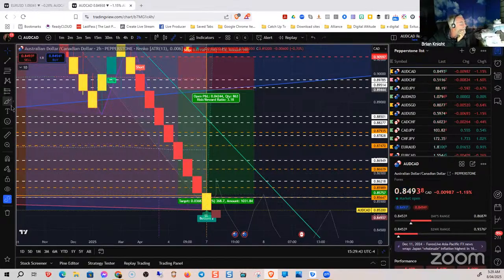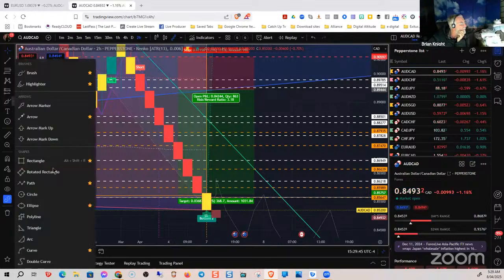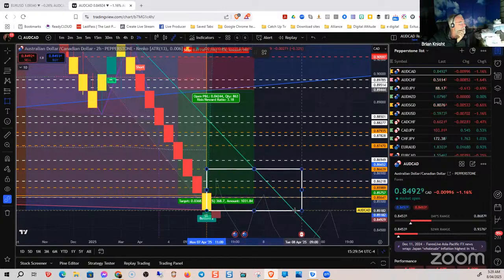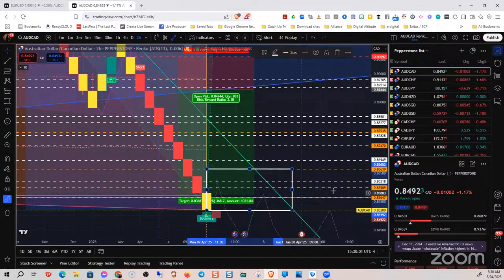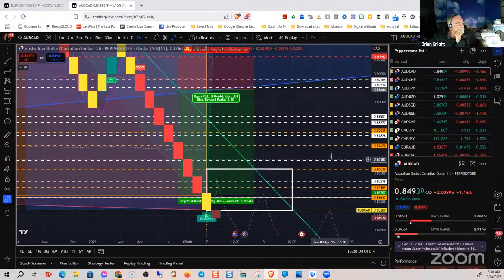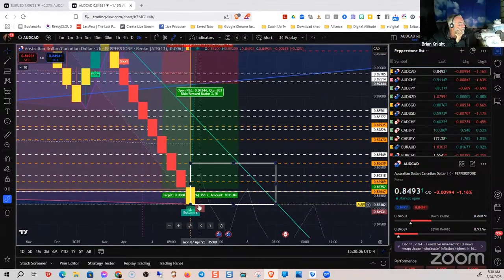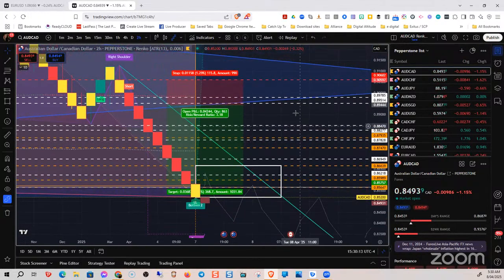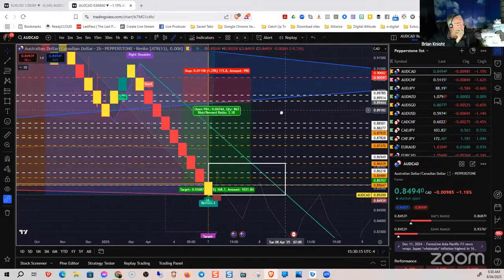It's like a box there, right? So you're saying it needs to break this box to keep going up, or it's going to pull back into this box and give you a short out of it. Okay, no worries.